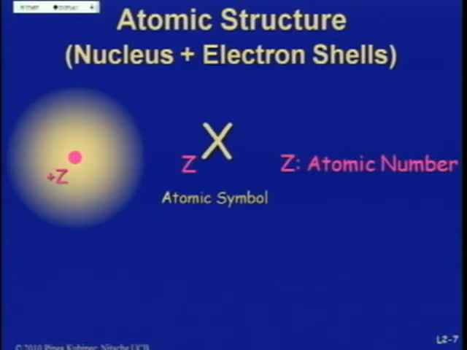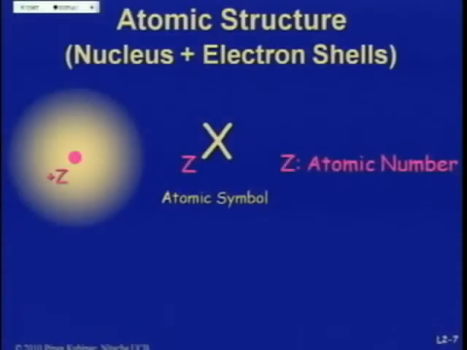If you have one proton, it's what? Hydrogen. If you have two, helium, and if it's 92, it's uranium. So 92 is right here, it's uranium. So this is the atomic number. This is the number of protons.